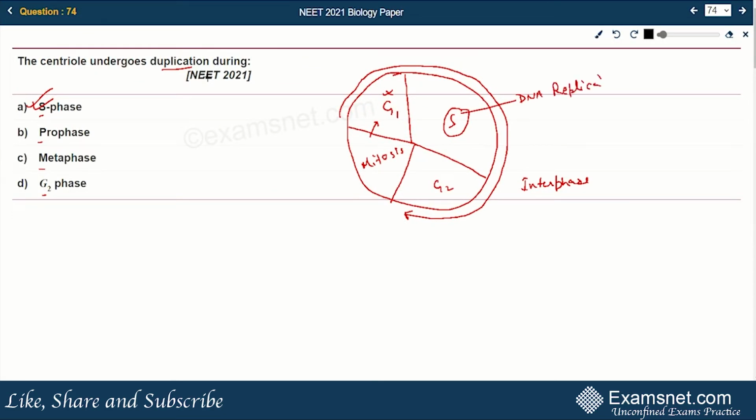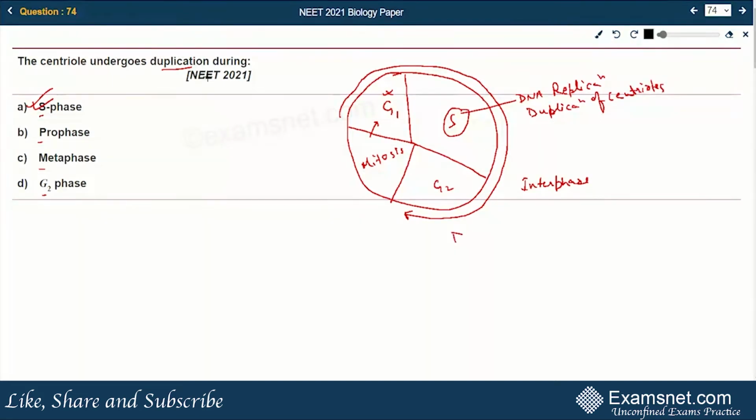And in case of animal cells, what happens? The centriole duplicates in the cytoplasm. So duplication of centrioles takes place. Then comes the G2 phase.